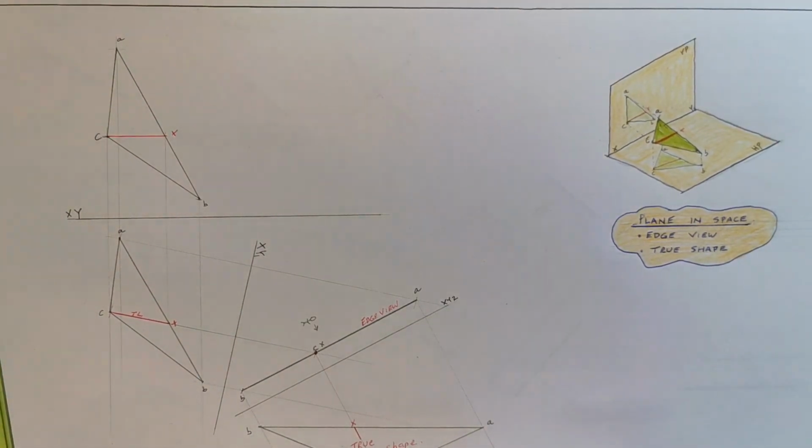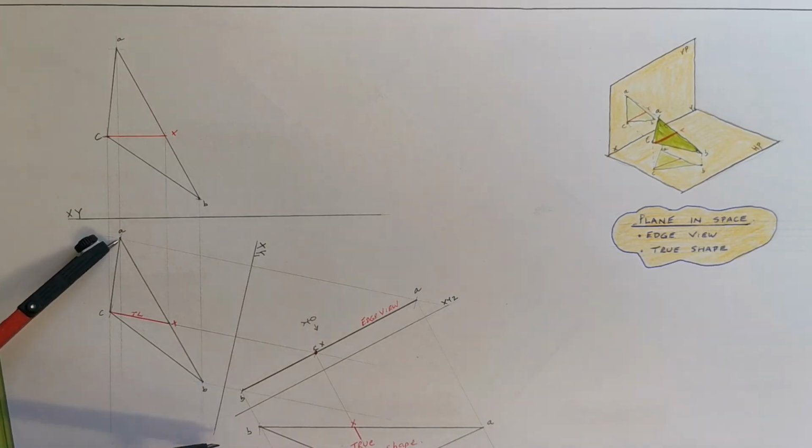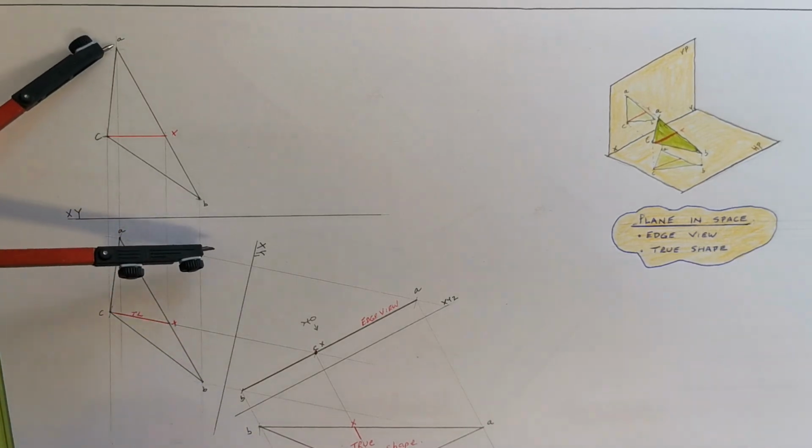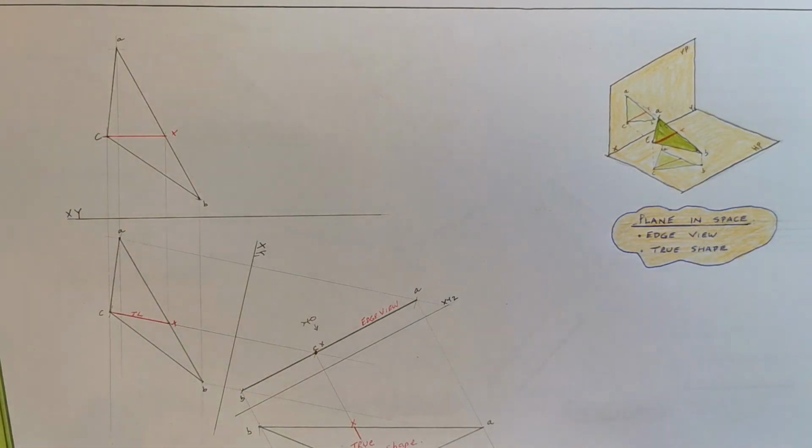And just to show you what I mean by that, if I get the size of AB here, swing AB, it is way bigger here than AB in that view, because when you're seeing the true shape of a plane, that's the biggest it can be. That is the real size of it.